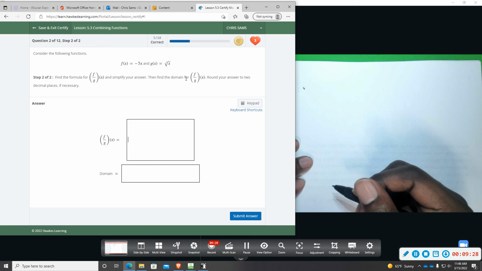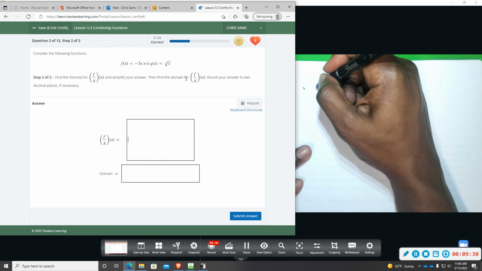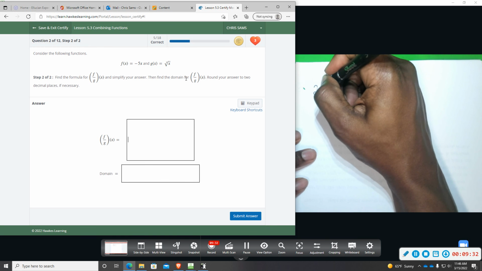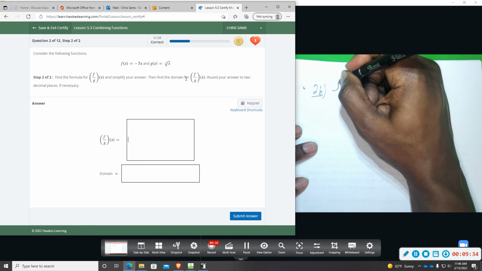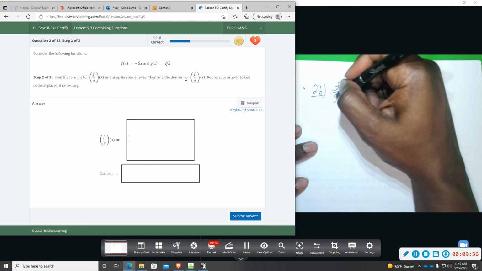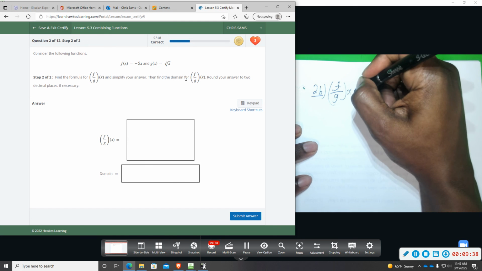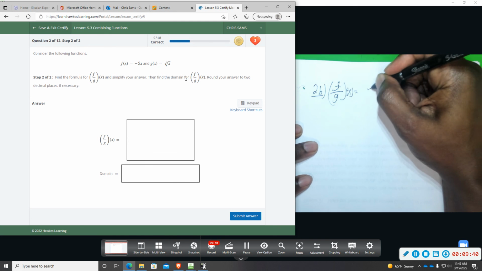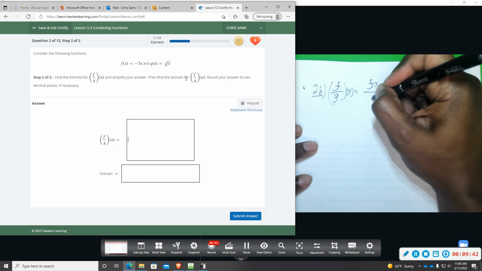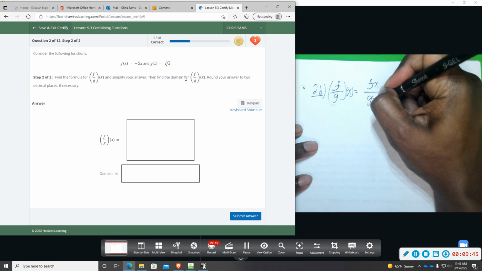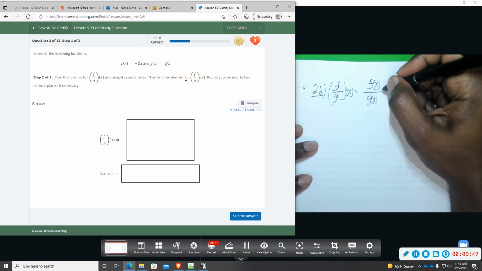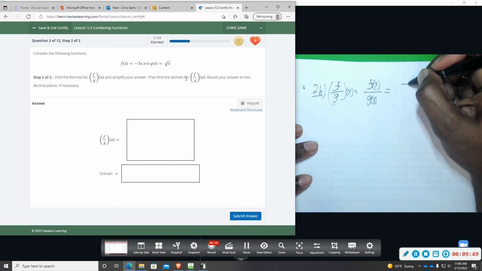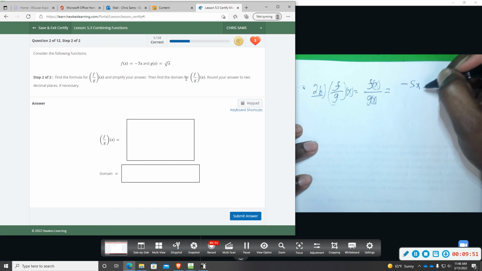So same functions, say 2b, we want to do f over g of x, which just means f of x divided by g of x. To put that in parentheses. The f of x was negative 5x.